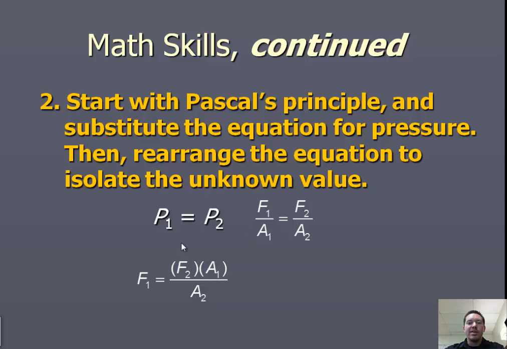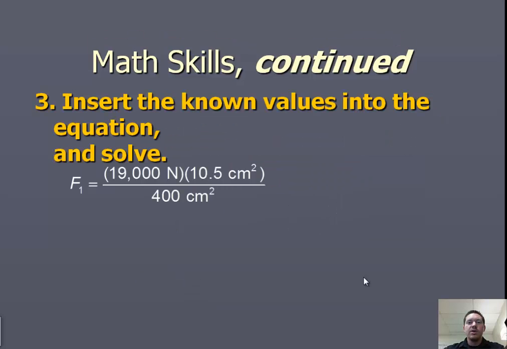So that's where we get this third equation that's shown on this slide: force 1 equals force 2 times area 1 divided by area 2. The second half of our equation is still there, but we multiplied area 1 onto the right side, cancelled on the left, so we're left with force 1 on the left, which is the variable we want to solve for.